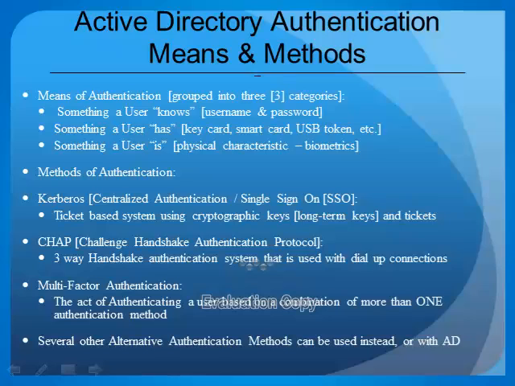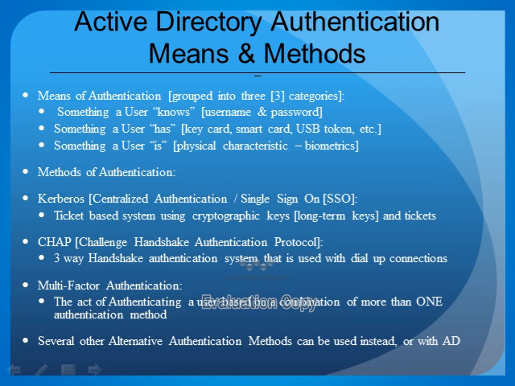Methods of authentication. Kerberos, which is a centralized authentication method, uses a ticket-based system that uses a cryptographic key or a long-term key and tickets that are exchanged between security principals and the key distribution center.